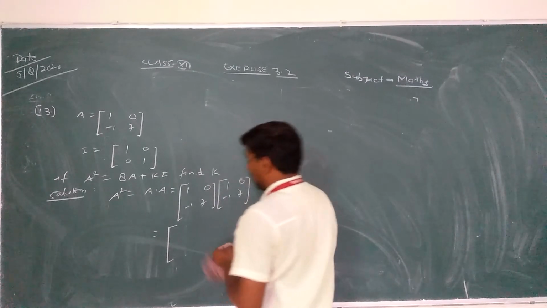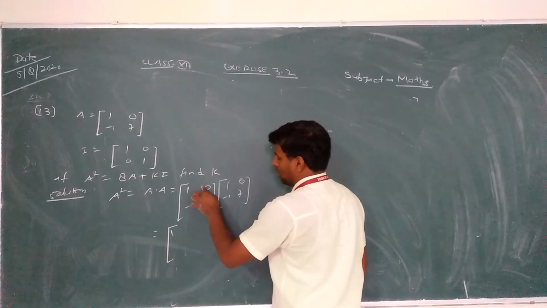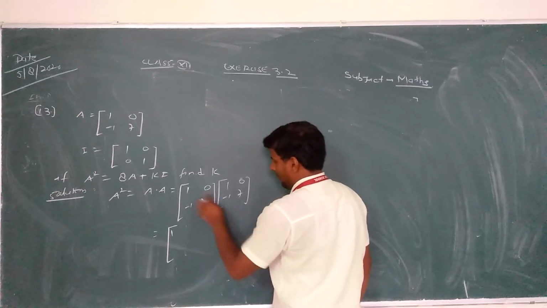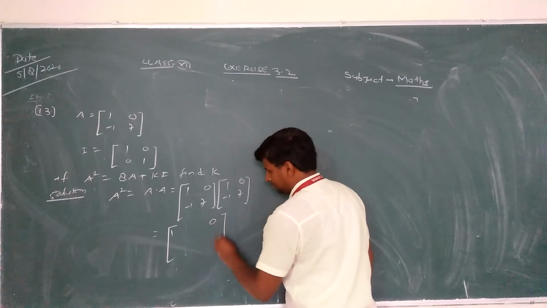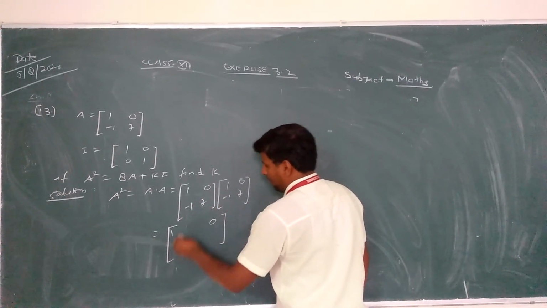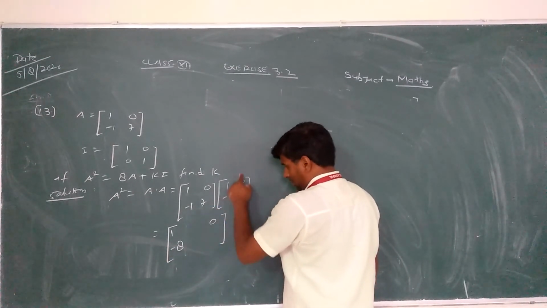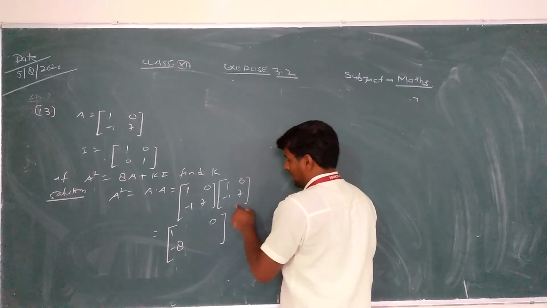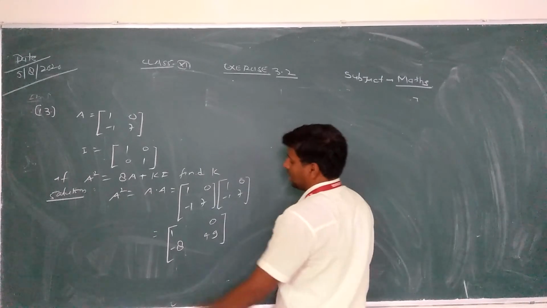First row and first column: 1 minus 0 into minus 1. First row, second column: 0. Second row and first column: minus 1, minus 7, we get minus 8. Second row and second column: 0 and 49, that is 49.